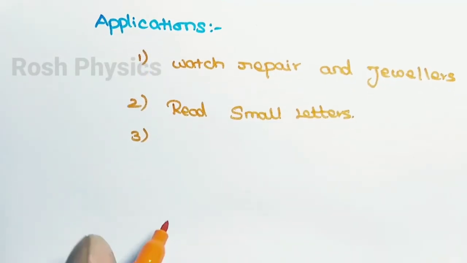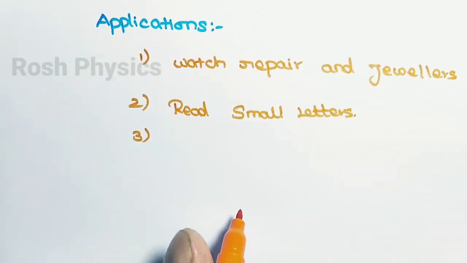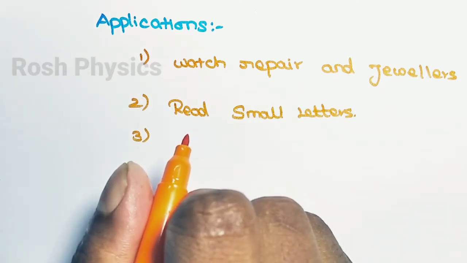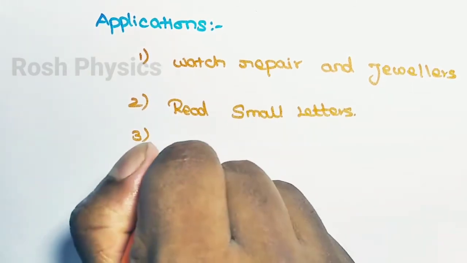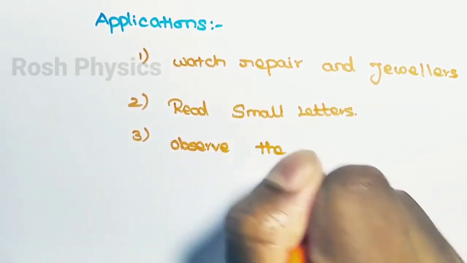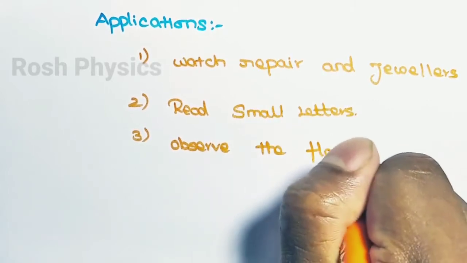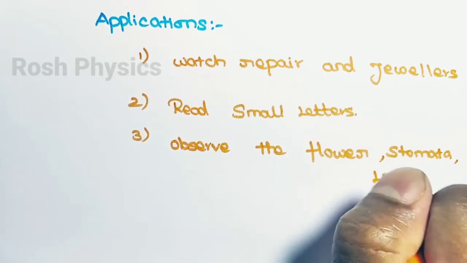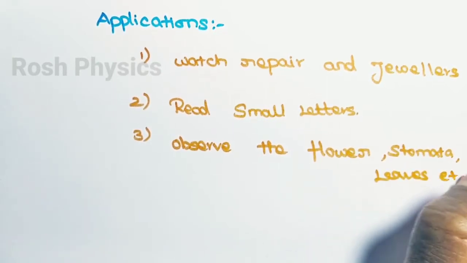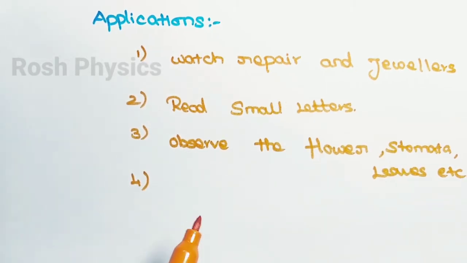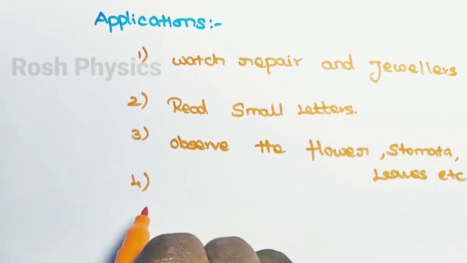The third application is to observe the parts of a flower, the internal parts such as androecium, gynoecium, pollen grains or whatever they may be. They are used to observe the parts of flowers, leaves, etc. In leaves you may see stomata. The fourth application is a basic one: observing fingerprints.